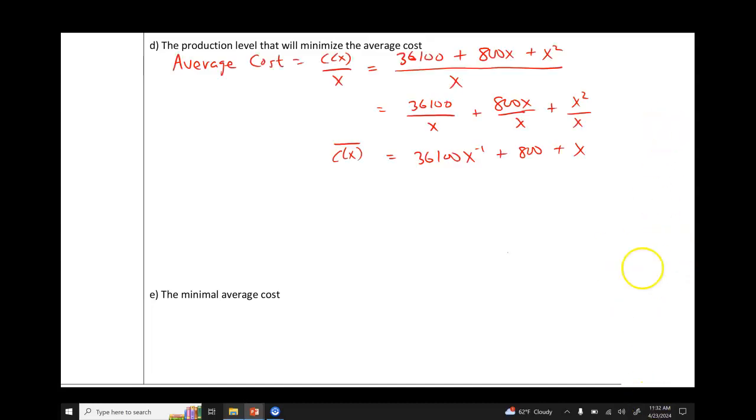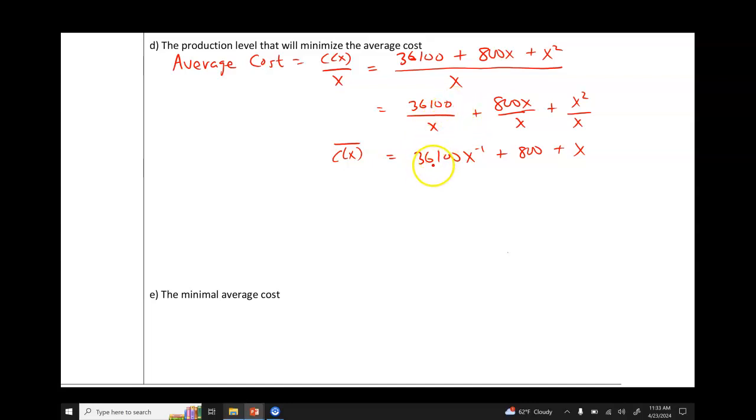Well, the formula for the average cost is given by C of X over X. So the cost function is 36,100 plus 800x plus x squared. If we split all three of these terms of the numerator and divide them all by x, we get 36,100 over x plus 800x over x plus x squared over x. To make these ready to differentiate, the x moves to the numerator and the exponent becomes negative.